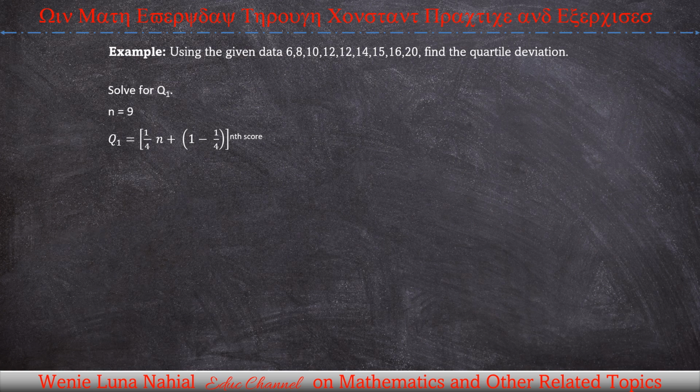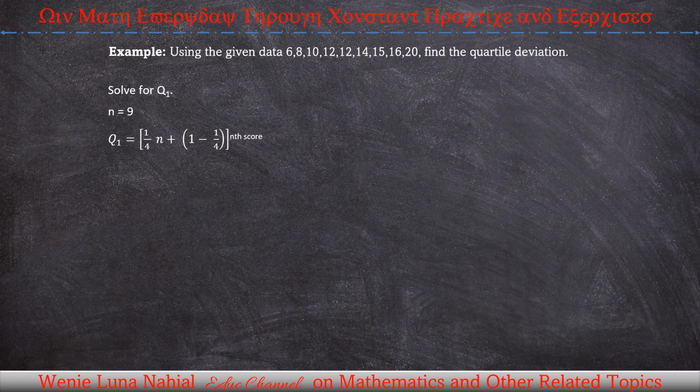Again, we already discussed this formula in our topic about point measures, about quantiles. So the first quartile, Q1, is equal to 1/4 times (n plus 1), the nth score.